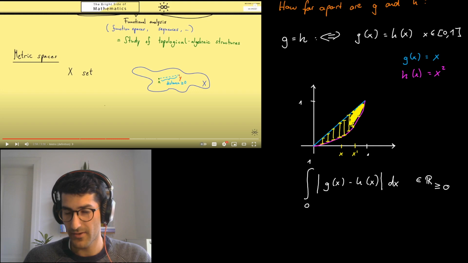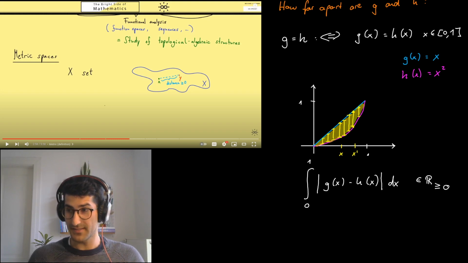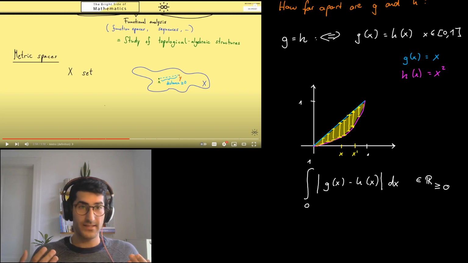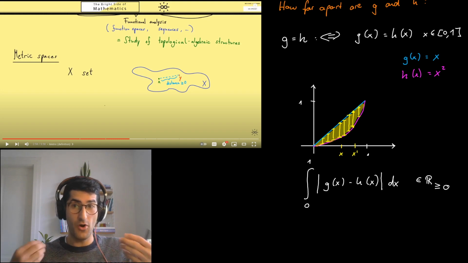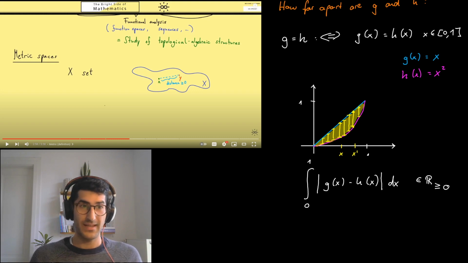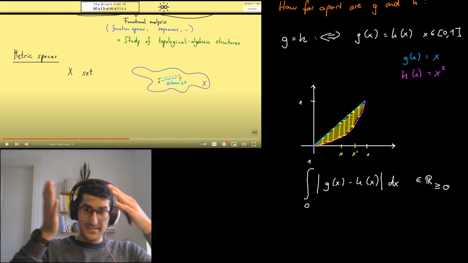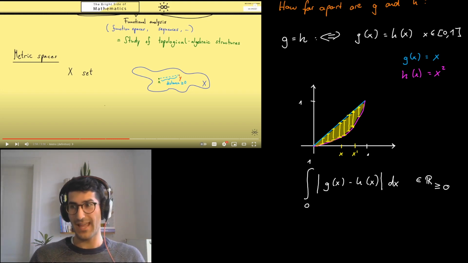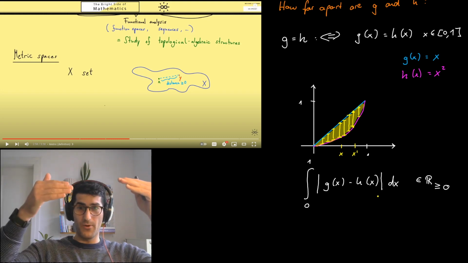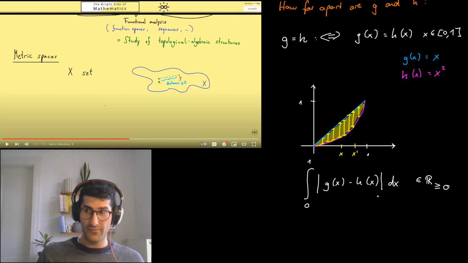So we are calculating this yellow area between the two function graphs. The way we defined our distance tells us that we want a notion of distance that relates to the area between the two functions, the absolute value of the area. Keep in mind, we are taking the absolute values here in order to stay with values above 0. We do not want any negative values for the distance.